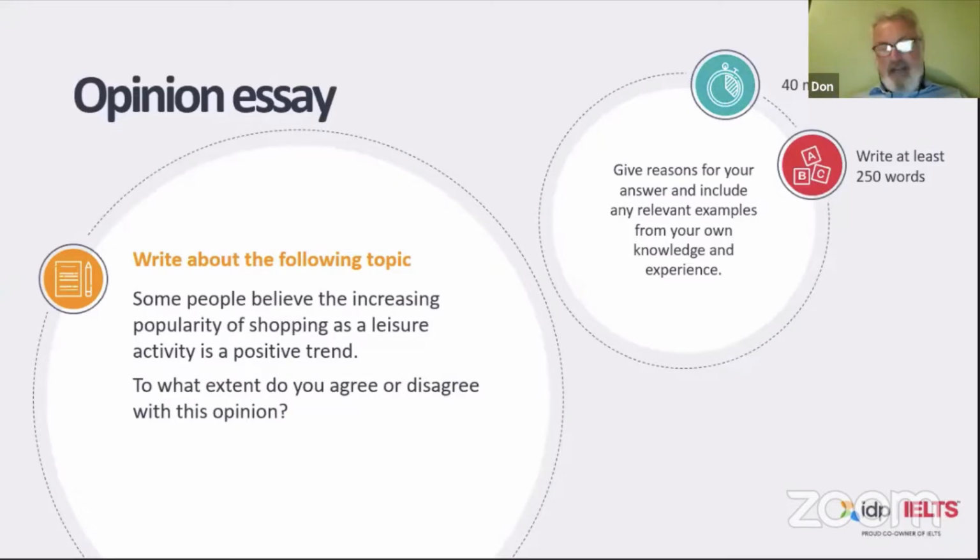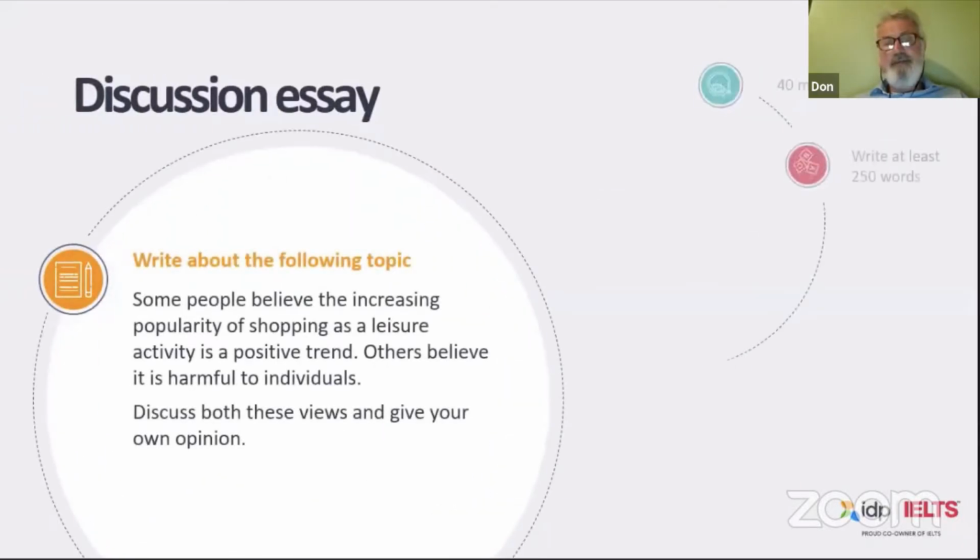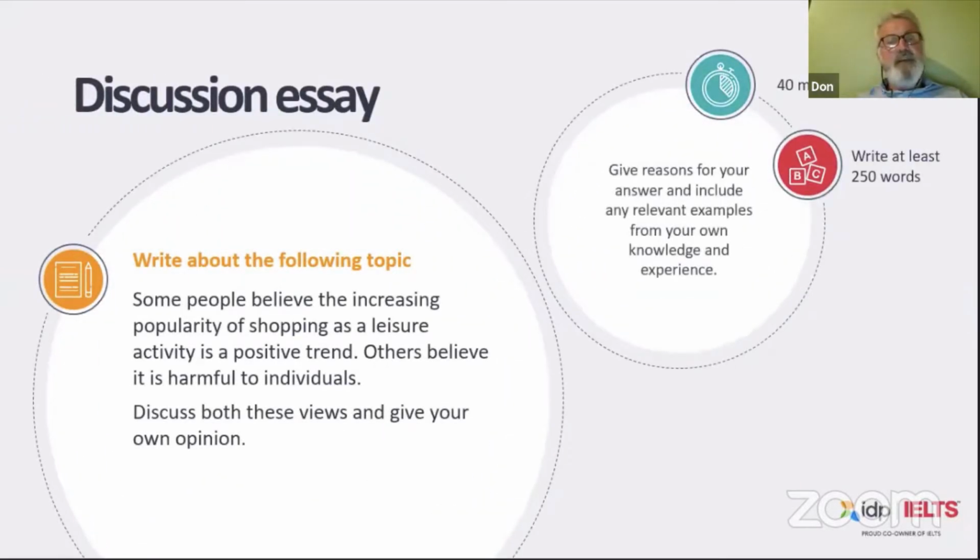But let's look at another task. It's the same topic. Some people believe the increasing popularity of shopping as a leisure activity is a positive trend. Others believe it is harmful to individuals. And then you are asked to discuss both views and give your own opinion. You are asked to do 3 things now, not one thing.